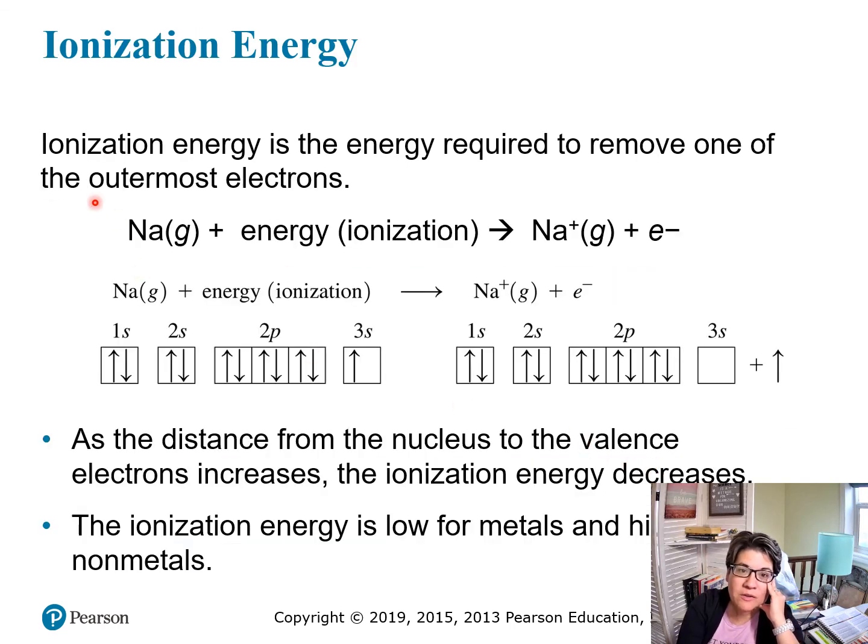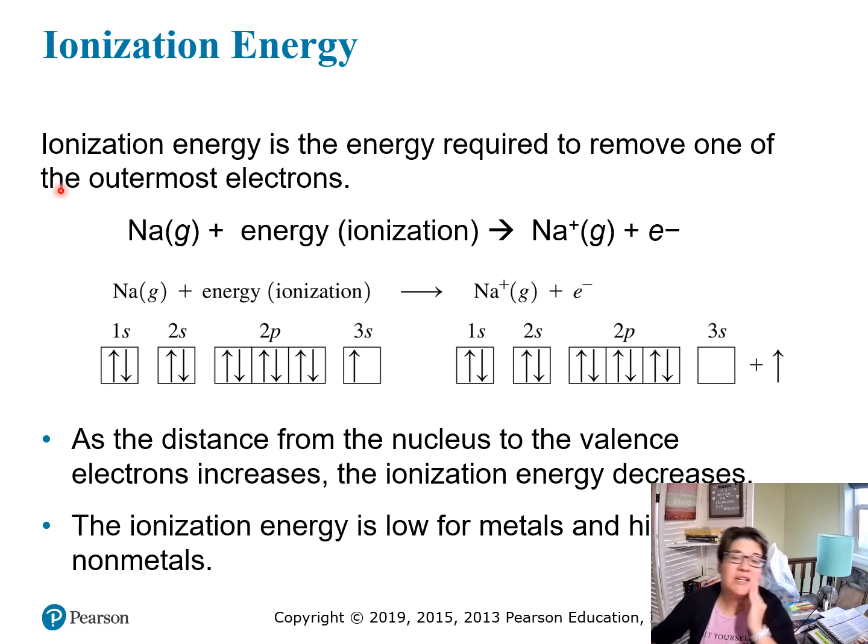And we can also look at ionization energy on the periodic table. Ionization energy is how much energy it takes to remove an outer electron. If we look here at sodium, sodium has all of this filled with electrons, and then its 3s shell is the outer shell, and it just has 1 electron hanging out there.